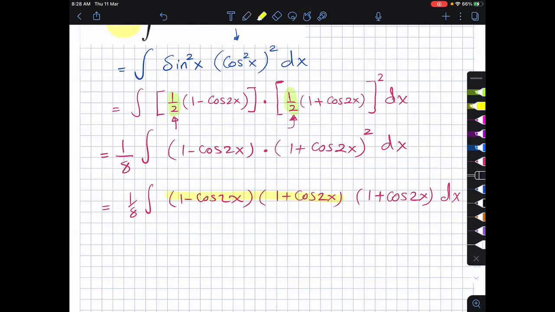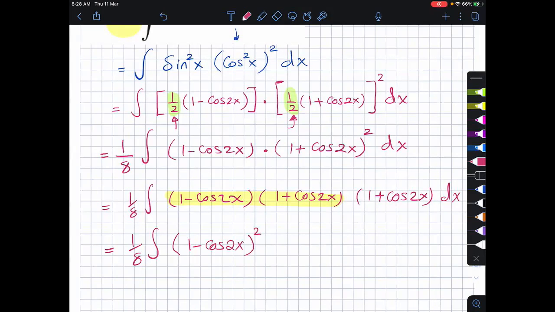Use one of them. Here we can write it as the difference of two squares, which is going to be 1 minus cosine 2x squared. Here it's 1 over 8, and then the integral of 1 minus cosine 2x all squared.